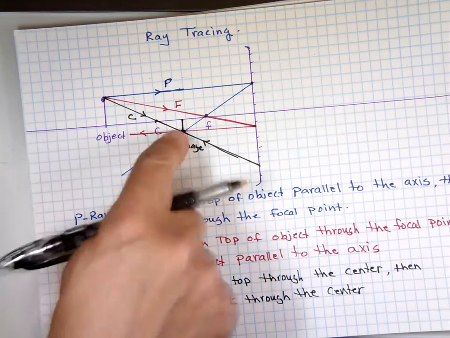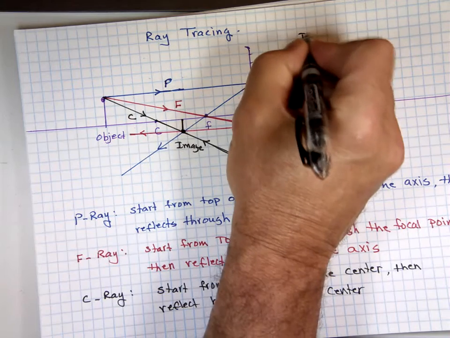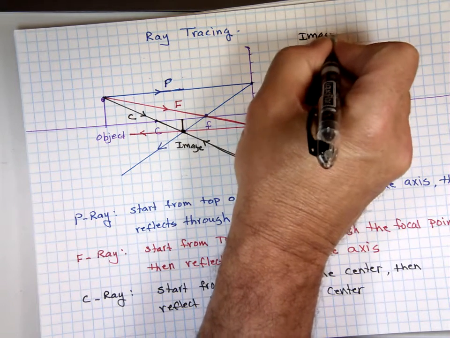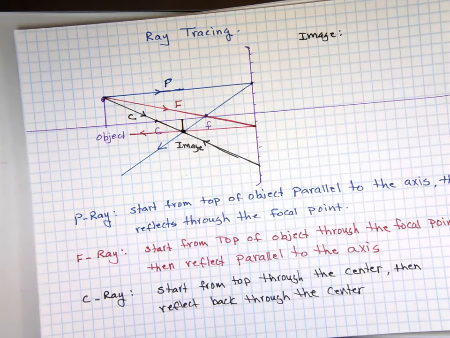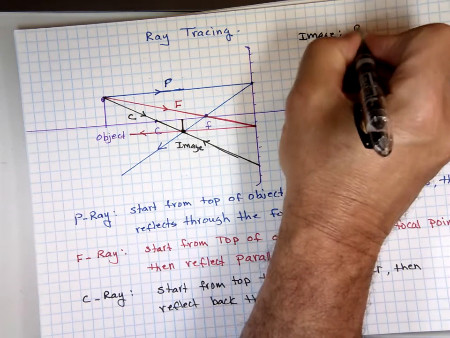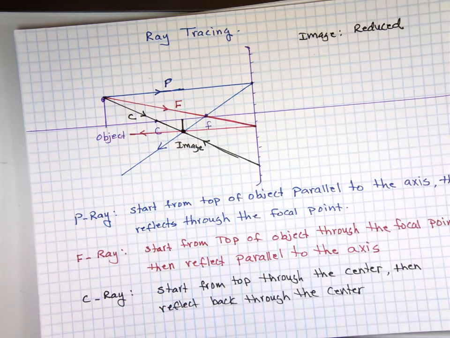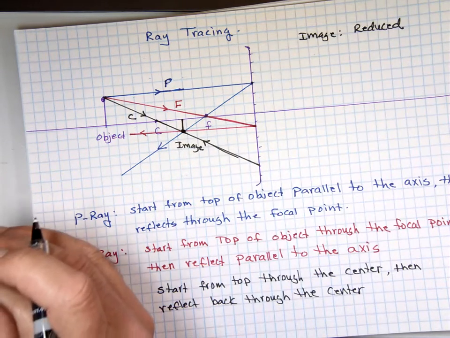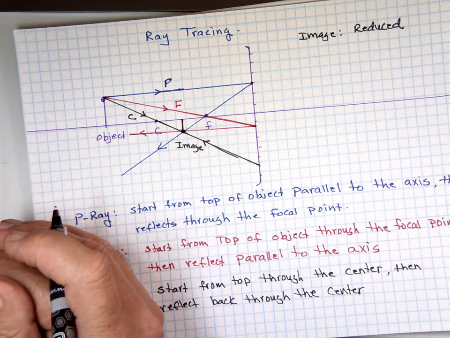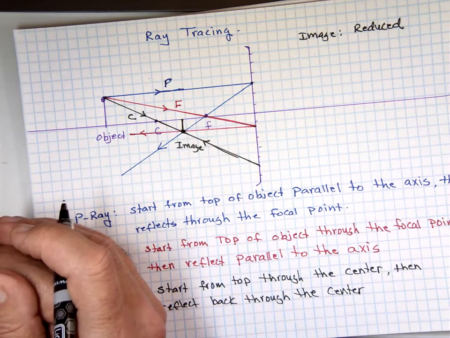Right there. What do you notice about that image in terms of size first? The image. What do you notice about the image? Smaller. Smaller, so reduced, right? What else do you notice about them? The image. Isn't it upside down?